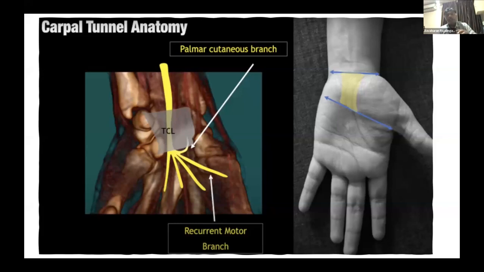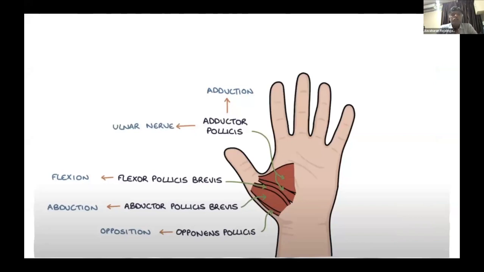So whenever there is a compression, the nerve is going to be narrow, and proximal to it, it's going to be dilated. Because of the compression, it's going to be slightly enlarged in size. All right. So this was discussed again. Here you could see the adductor pollicis, which helps in adduction, is innervated by the ulnar nerve, whereas the flexion, abduction and opposition by the flexor pollicis brevis, the abductor pollicis brevis, and the opponens pollicis are supplied by the median nerve.